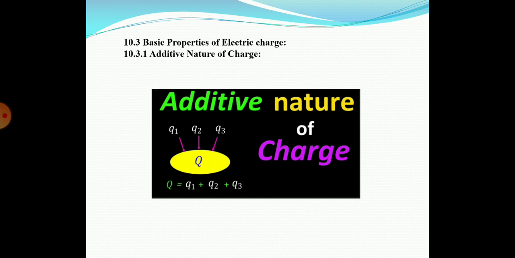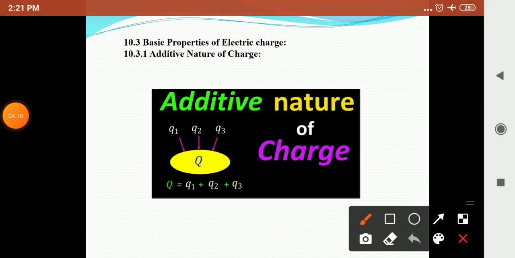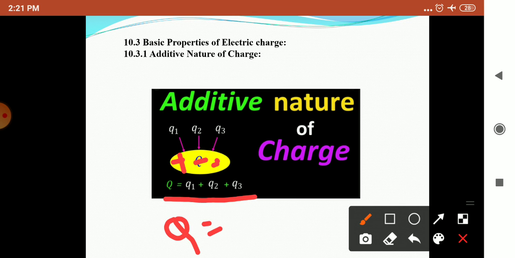So when there is any object, electric charges are present everywhere in that object, positive and negative, and all these charges will be additive and give a common charge Q, which is the addition of all charges in that object.